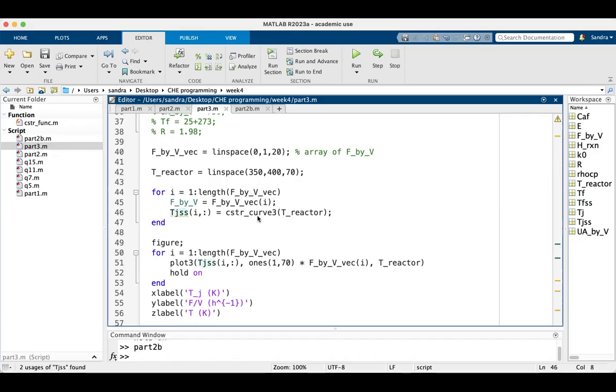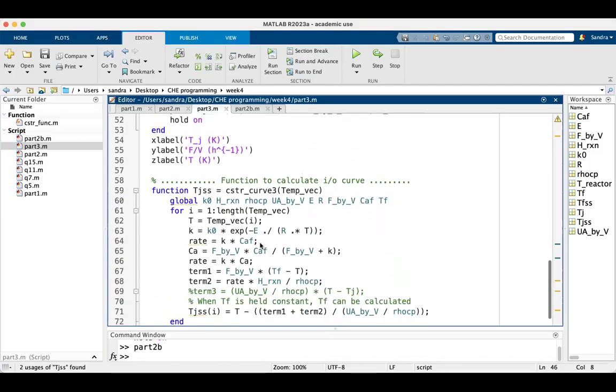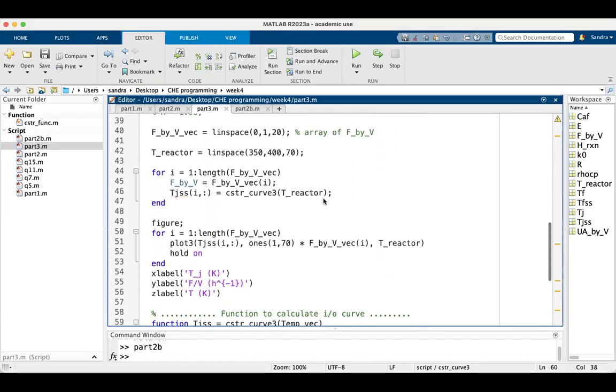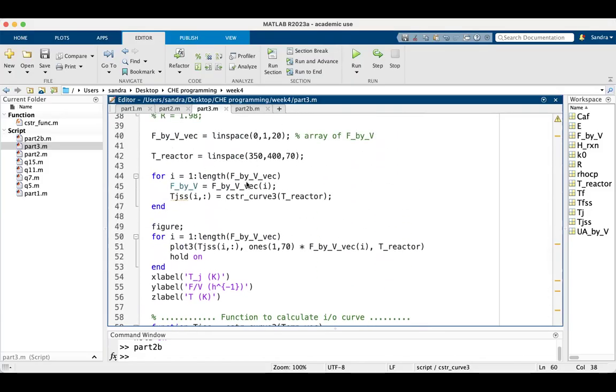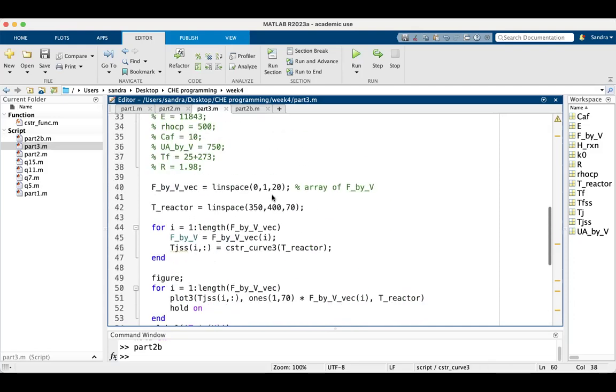Now I'm running CSTR curve 3. Wherever F by V is required, it will take the first value. Again, when I'm using the second element of the F by V vector, everywhere F by V is there, it will take the second value, and so on.